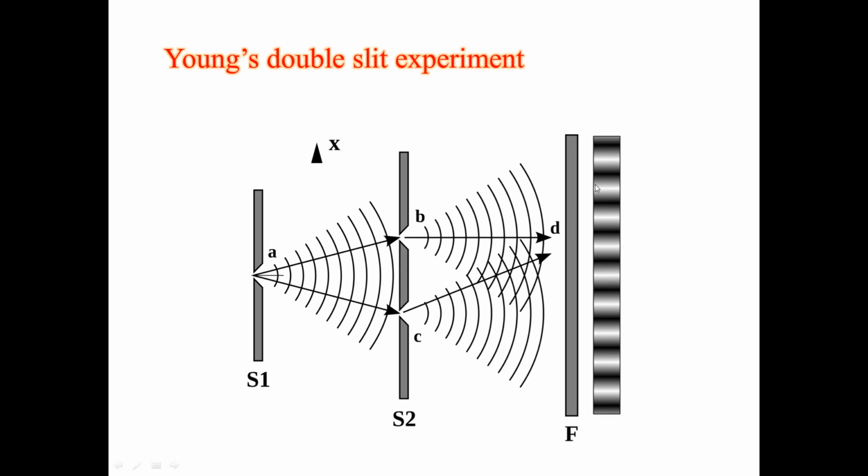And the intensity in this region varies from maximum to minimum. At some regions, intensity is maximum, and at some other regions, intensity is minimum. This pattern is known as interference fringes.